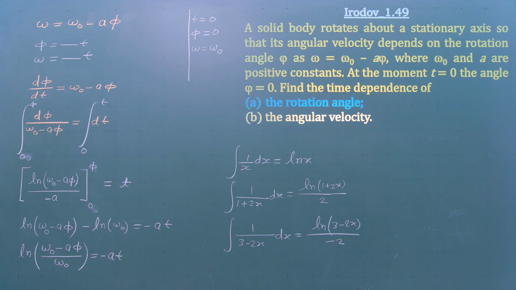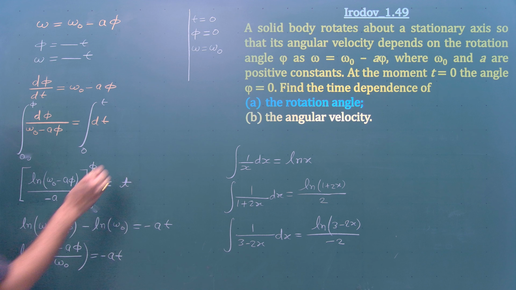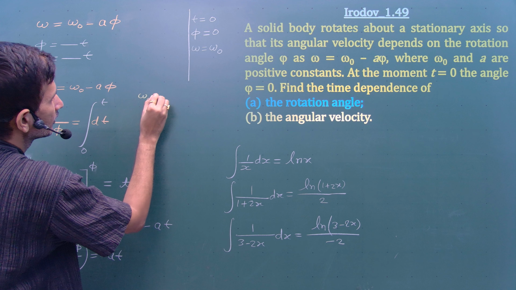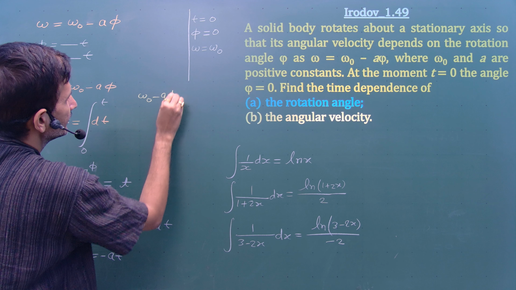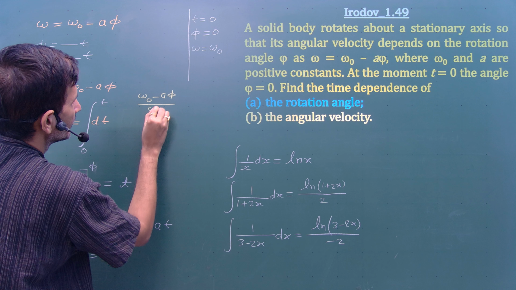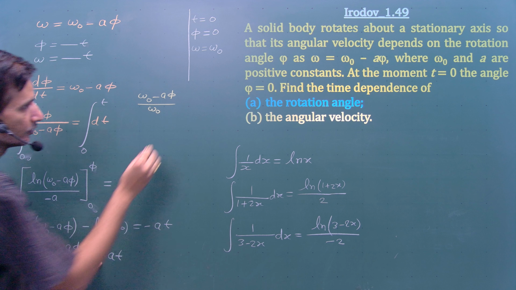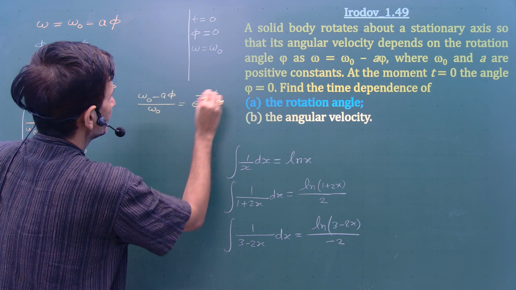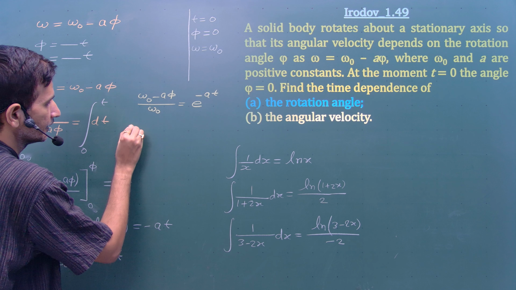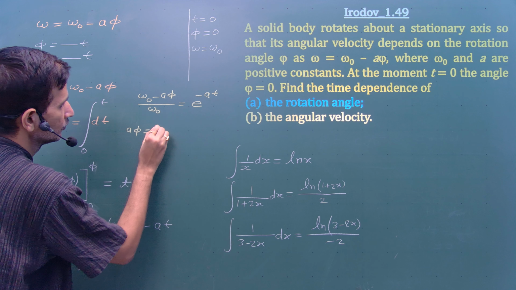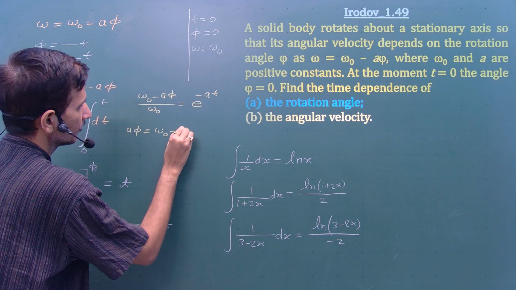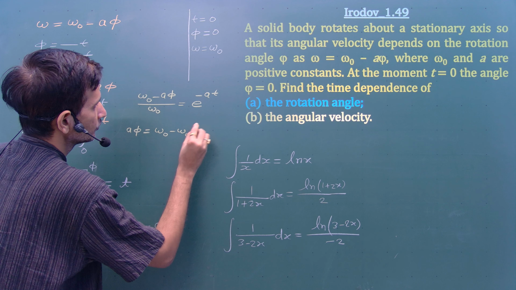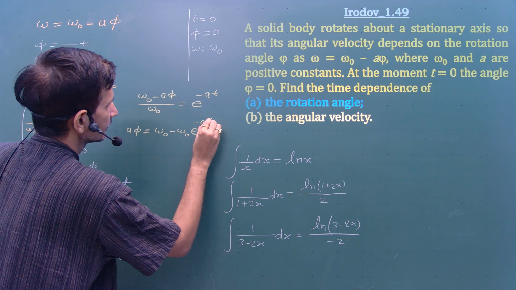Now write this expression in exponential form. So in exponential form, omega naught minus a phi divided by omega naught should be equal to e to the power minus at. So a phi is equal to omega naught minus omega naught into e to the power minus at.